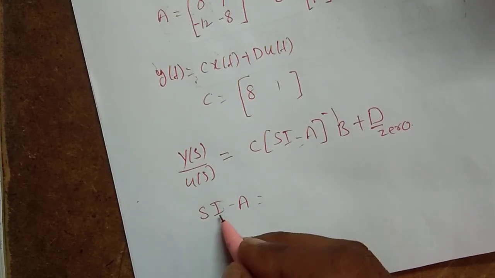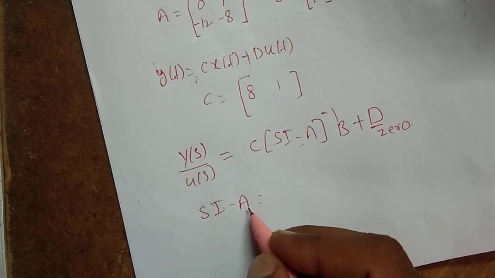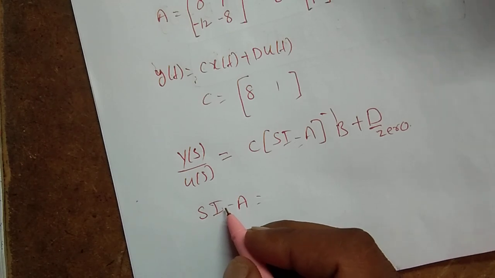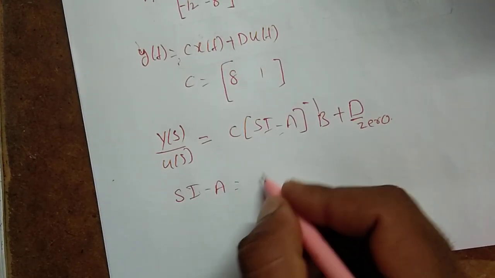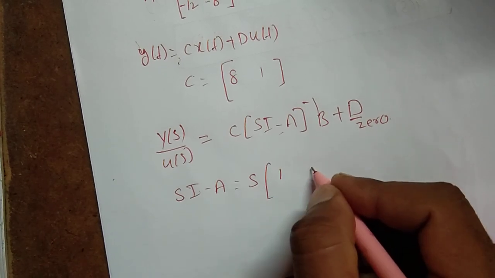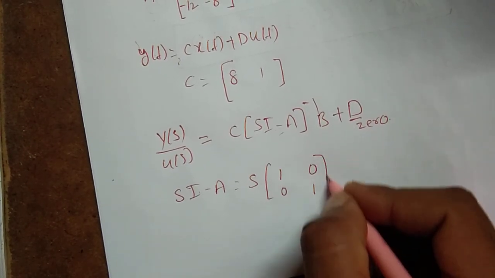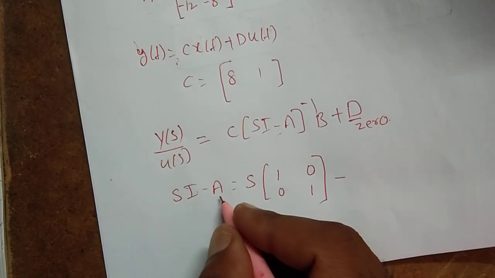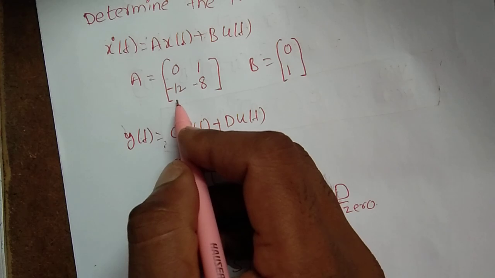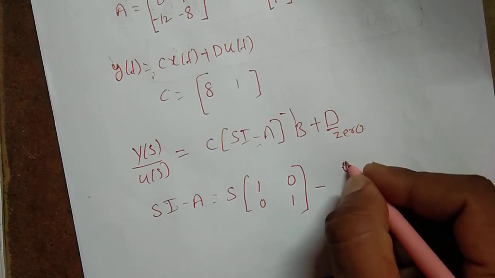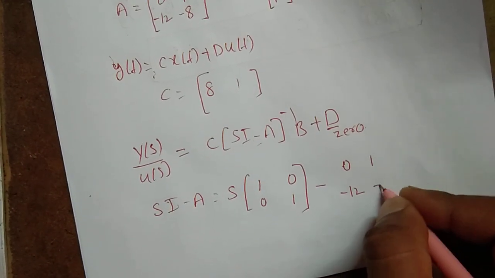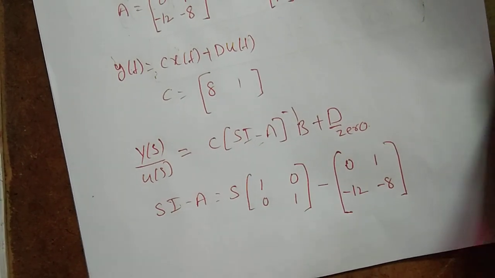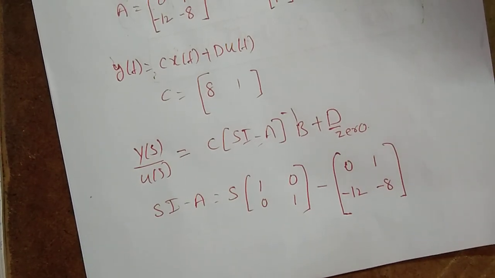The sI minus A: the I selection is based on the A matrix. A matrix is a 2 by 2 matrix, that's why I is also a 2 by 2 matrix. That is s into the I matrix [1 0; 0 1] minus the A matrix [0 1; -12 -8].